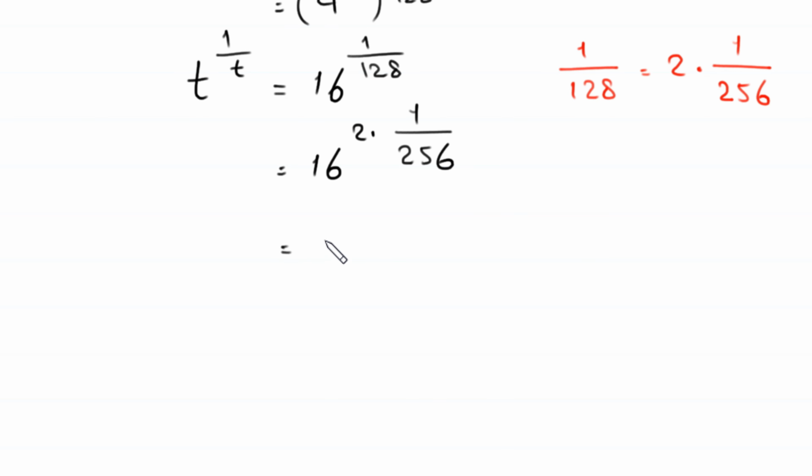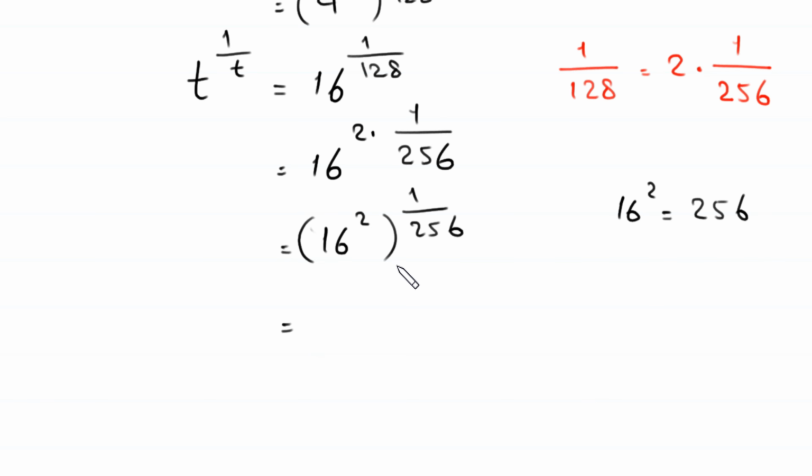This can be written as 16 squared and a whole to the power 1 over 256, and this 16 squared is equal to 256. So this will become 256 to the power 1 over 256, and at left hand side we have t to the power 1 over t.